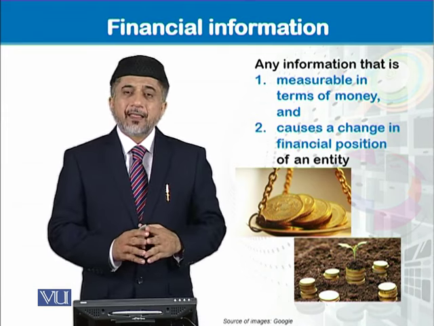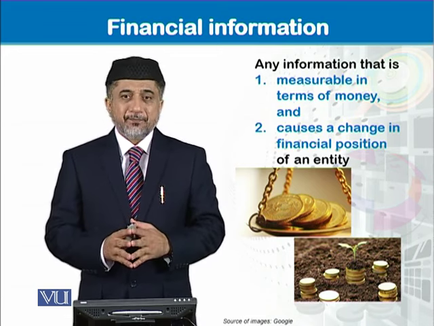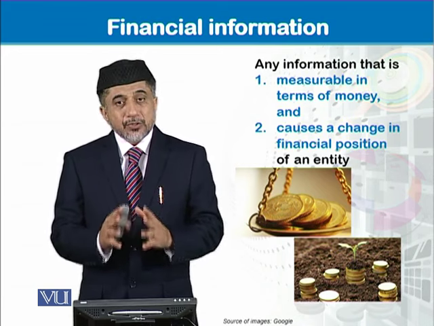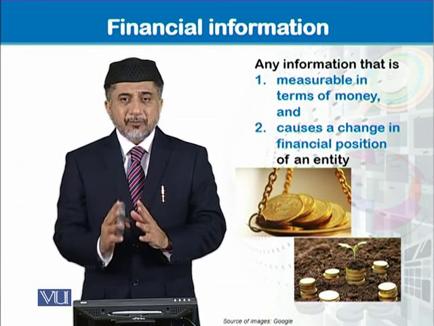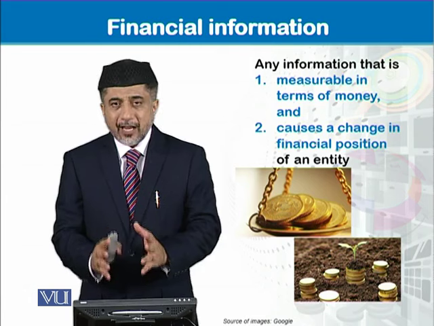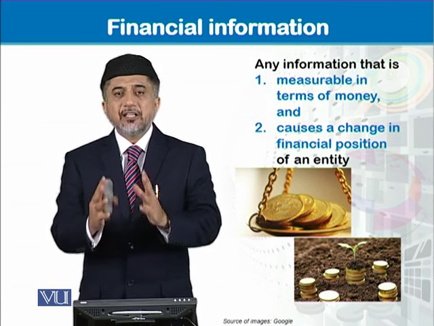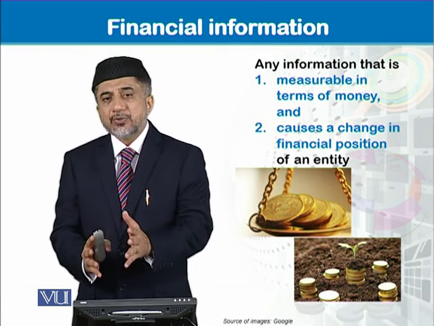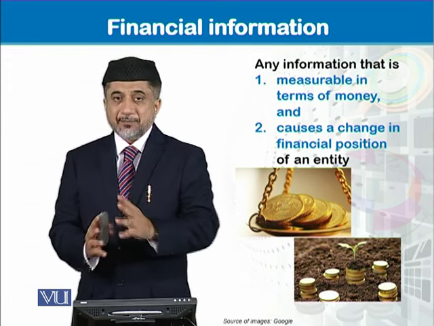In the same way, financial information of an entity means information not known earlier to the people who are using that information, and now, after having the financial accounting reports in front of them, they would get to know what the financial information in that entity is.